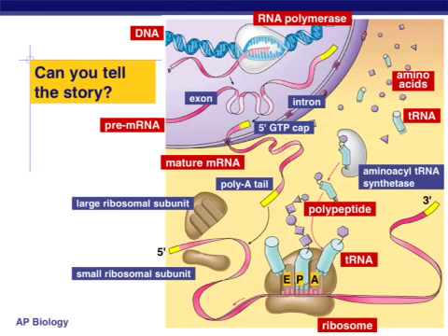It contains both introns and exons, exons being the coding pieces of genetic material, whereas introns are the pieces we don't necessarily want. They don't code for anything for this particular gene, or protein, sorry.